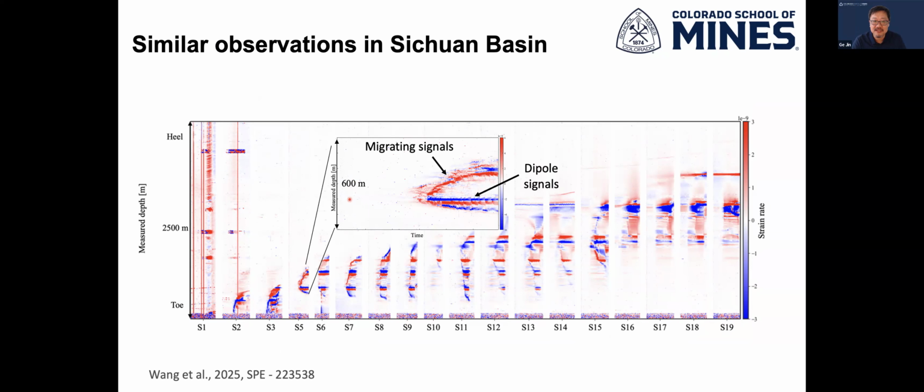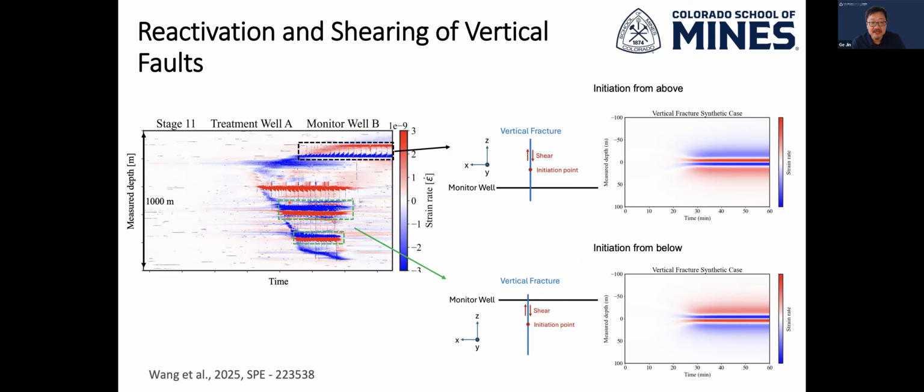Actually, the Sichuan basin is the best example in this case, where you see this migrating signal that has a different polarity, going up and down. These are the bedding plane migrating signals.